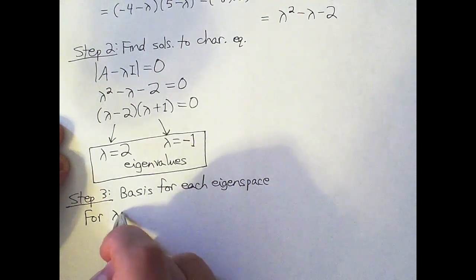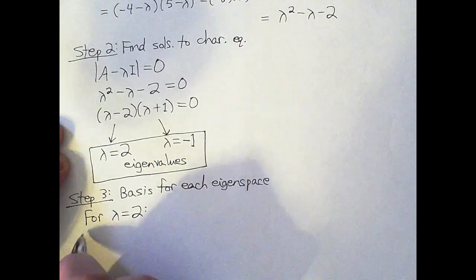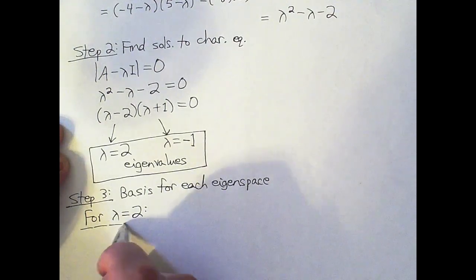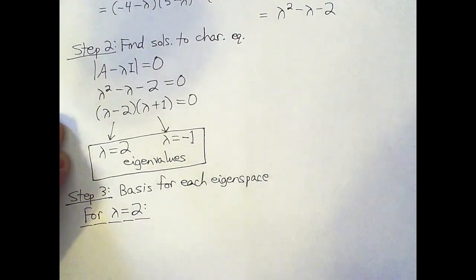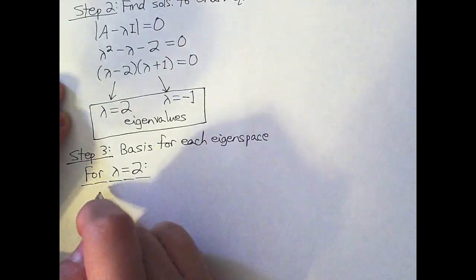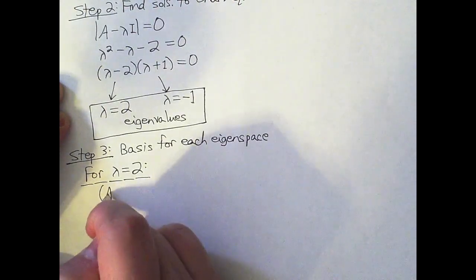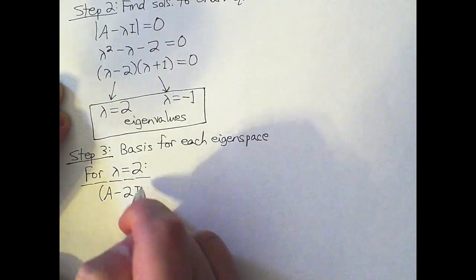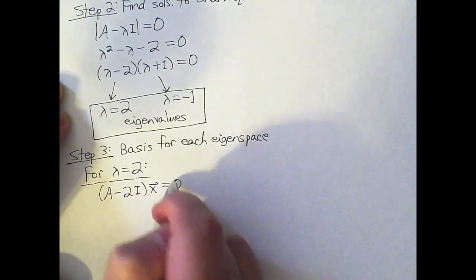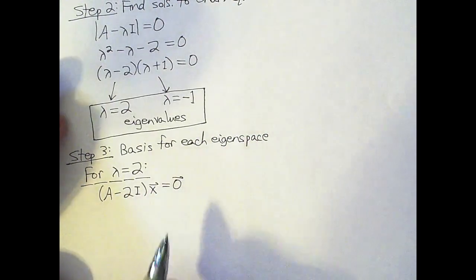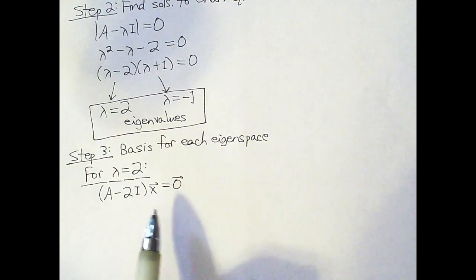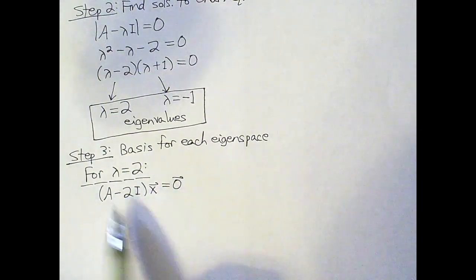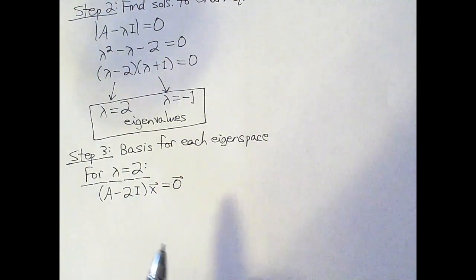So just pick one to start with. I'm going to start with lambda equals 2. And we need to solve the system (A - 2I)x = 0, because any solutions, any x vectors that we find that solve this equation are going to be eigenvectors corresponding to lambda equals 2.